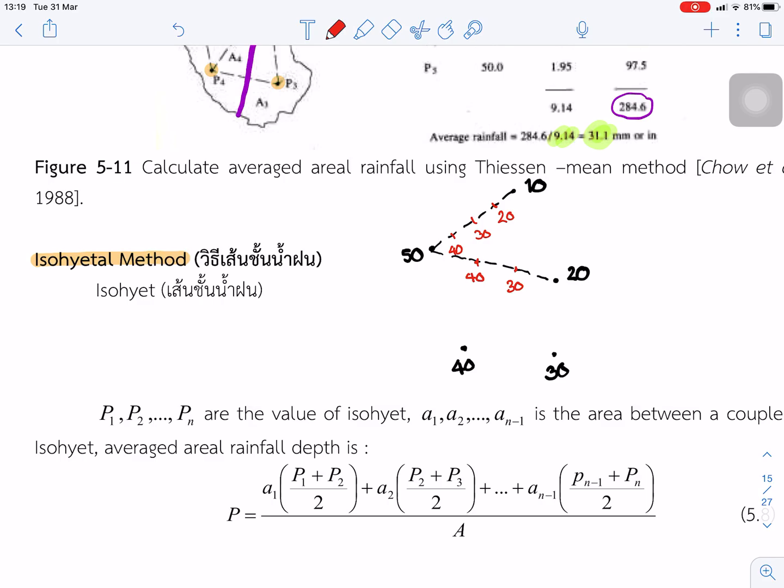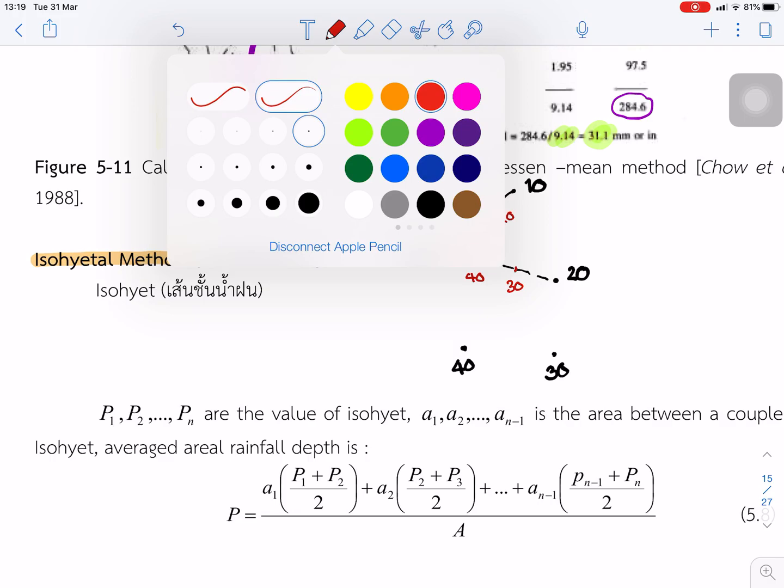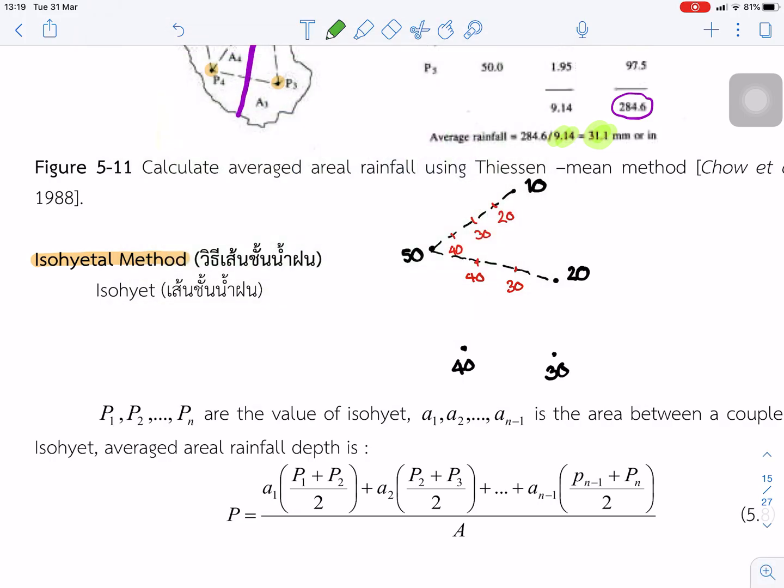Okay, and next we can draw the contour line, or iso-height, the equal depth of rainfall. For example, we can start to draw the 40. So this is the 40 line.